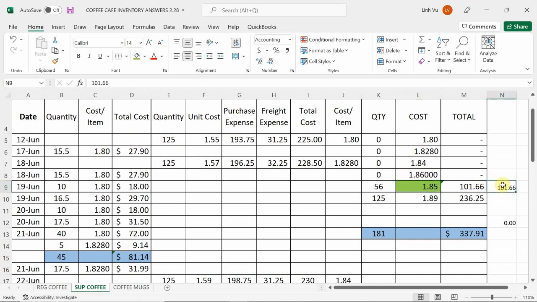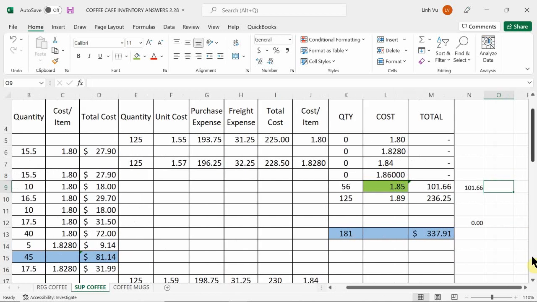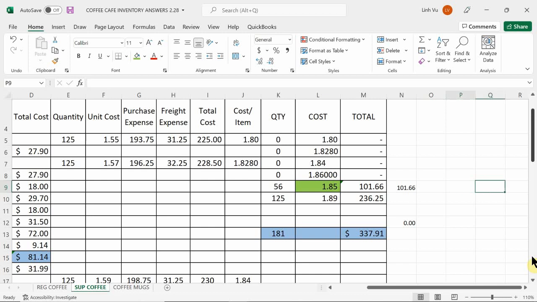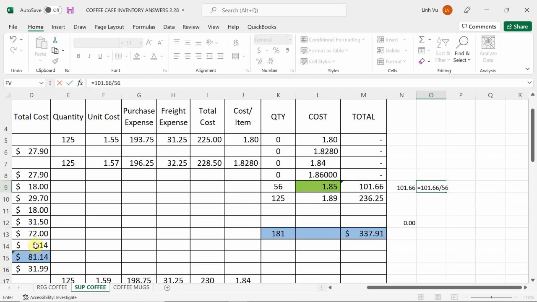Instead, we're going to go right next to the inventory worksheet, because we know that we have a total cost of $101.66. Okay, so in this case, 101.66, and we're going to divide that by my 56 to get my new cost per item, which is going to be $1.8153.